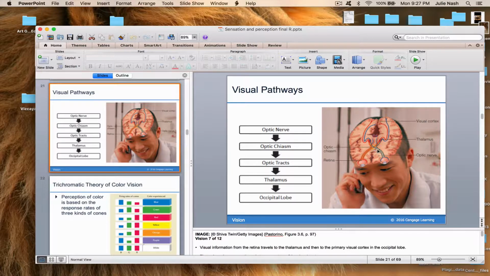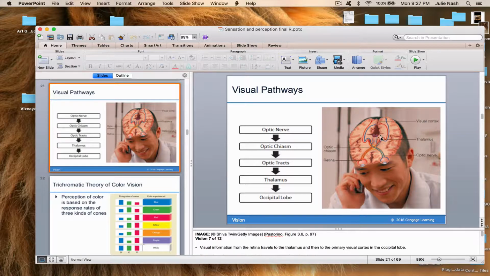And you'll note that the information from the inner parts of the eyes, the inside of your eyes, closest to your nose, cross over to the other side. But the information from the outer parts of each of your eyes, they stay on the same side of the brain. These pathways are called the optic tracts. Okay, so they follow these optic tracts, and then they go through the lateral geniculate nucleus, which is in the thalamus.